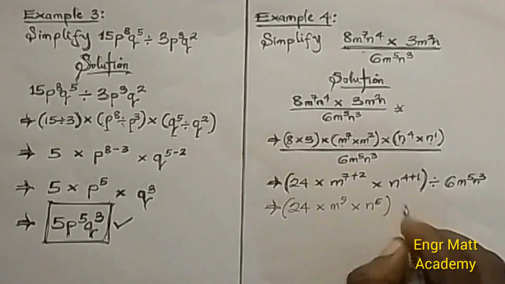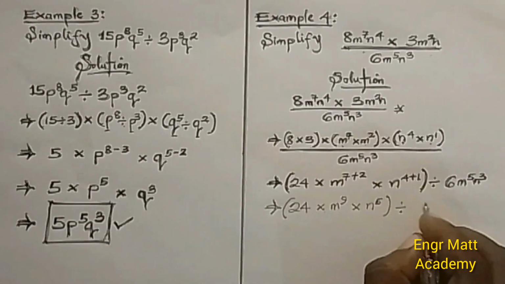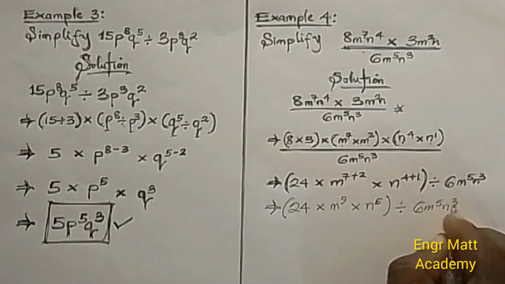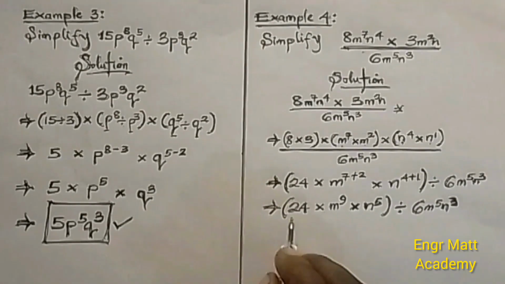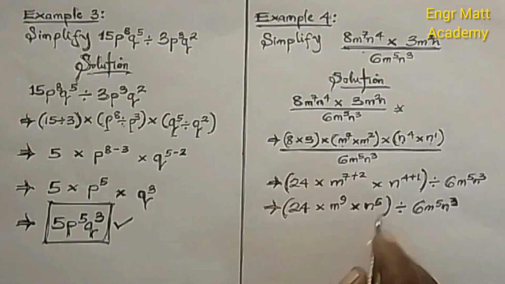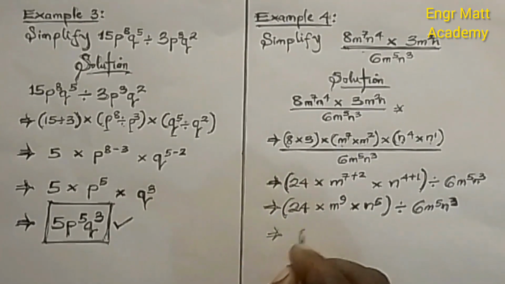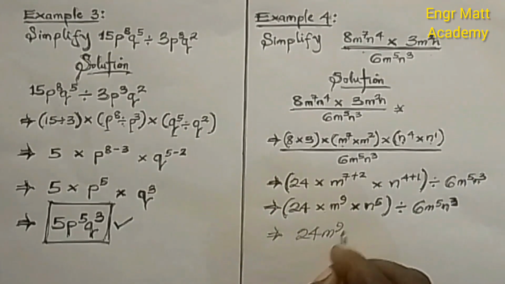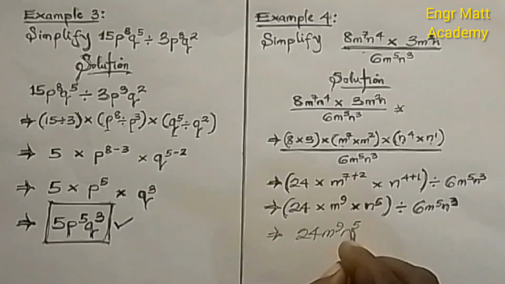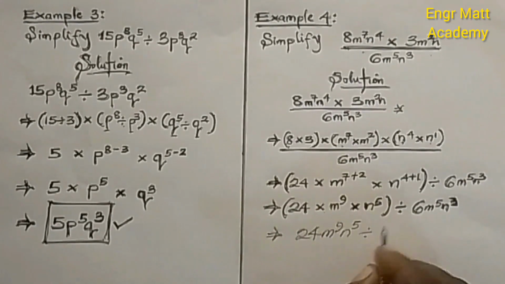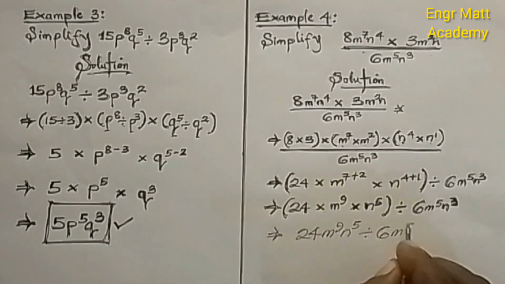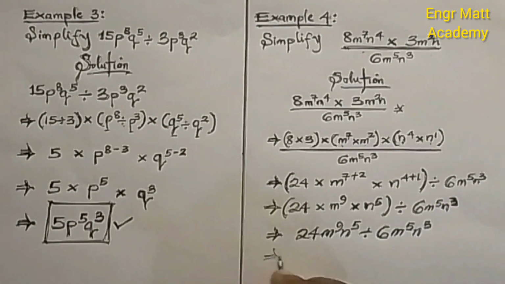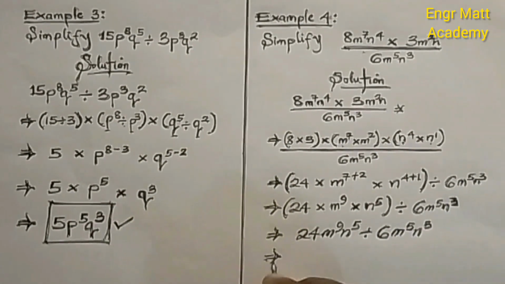We still put them in brackets, divided by 6m raised to power 5 n raised to power 3. If we multiply everything inside this bracket, we get 24m raised to power 9 n raised to power 5 divided by 6m raised to power 5 n raised to power 3. Next, we handle the division part.